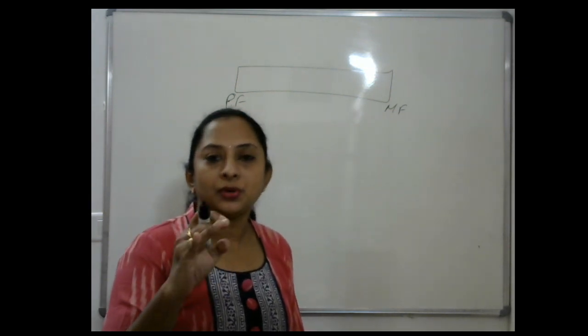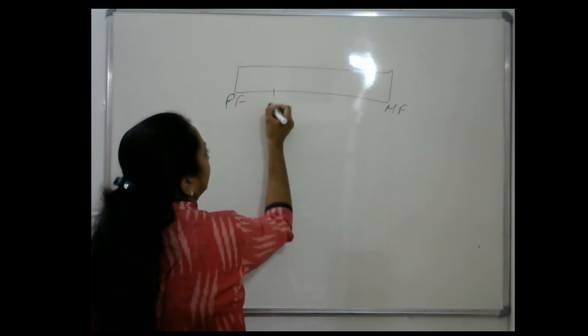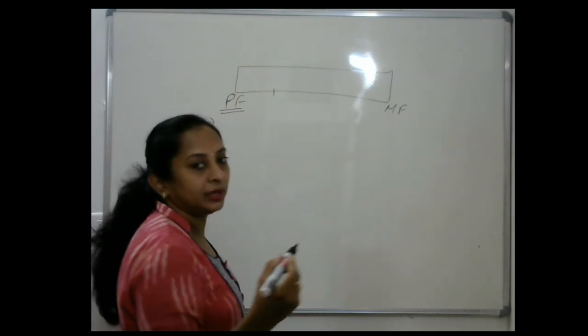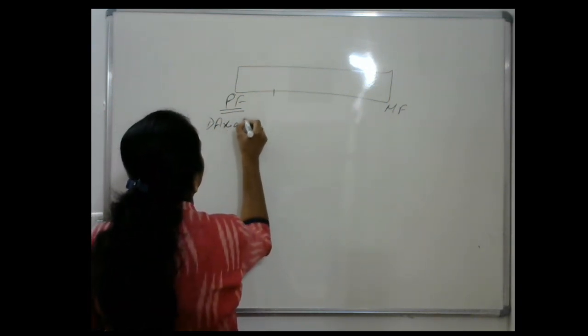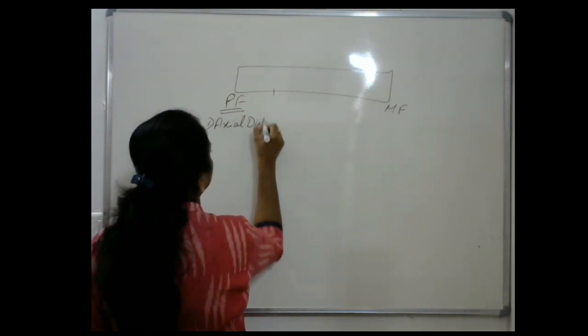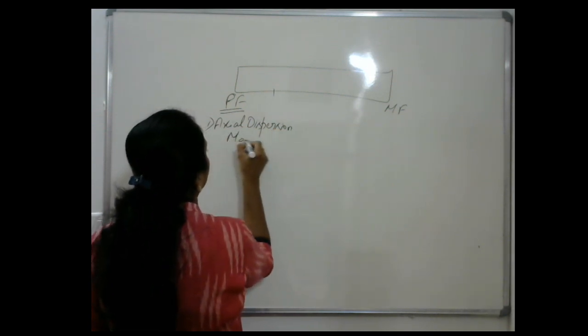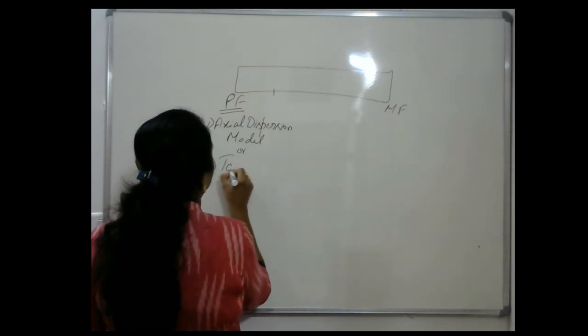If the flow is very near to plug flow, there are two models developed: the axial dispersion model or the tanks in series model.